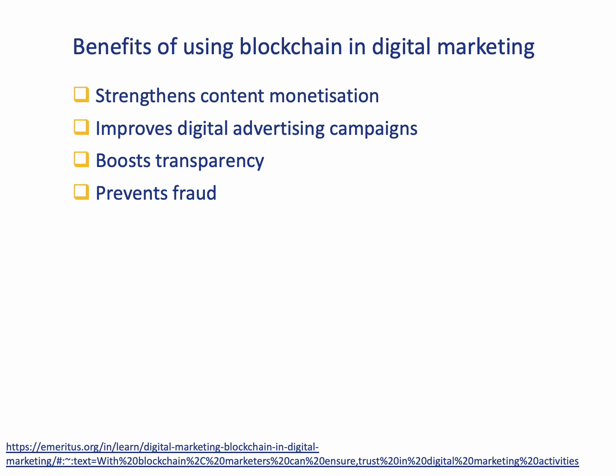This ensures that remuneration is fair and at the same time strengthens relationships between brands, publishers, content creators, and everyone else involved. Blockchain technology can also enable the secure transfer of digital assets such as music rights or artwork. And as a result, this could lead to more creative collaborations as well as better monetization opportunities for digital marketers.